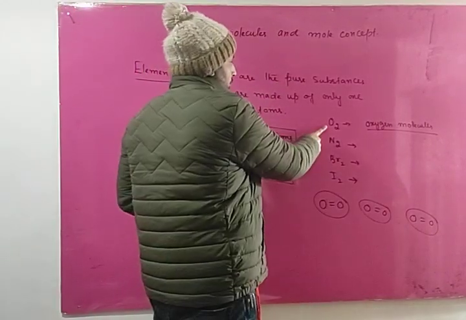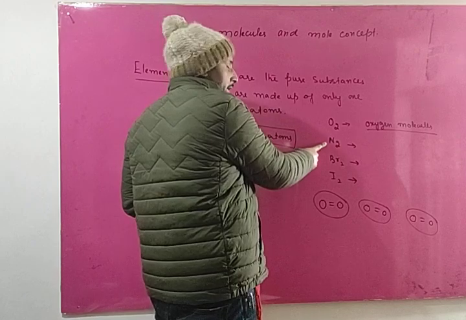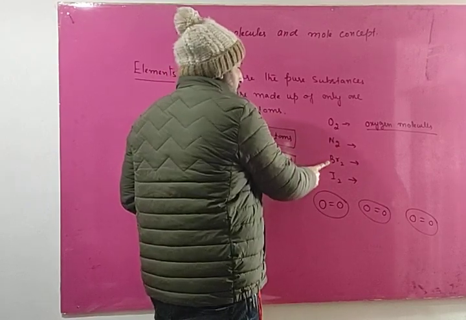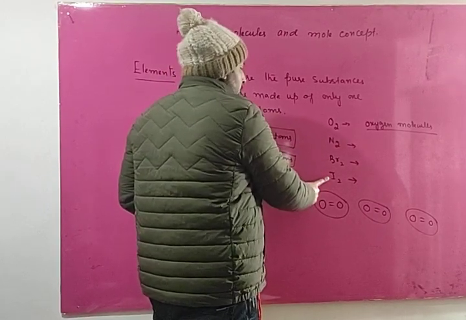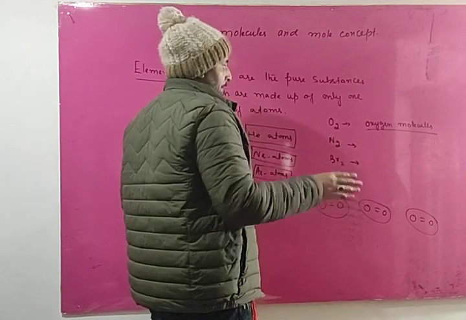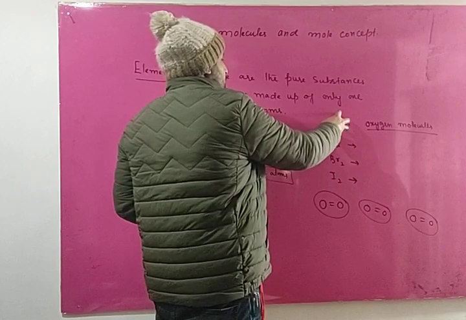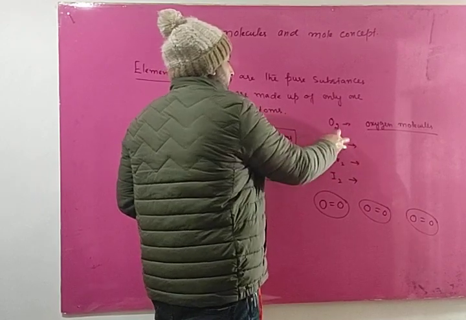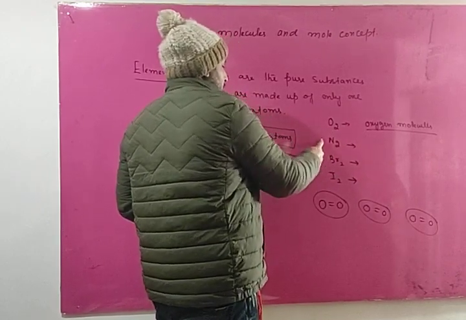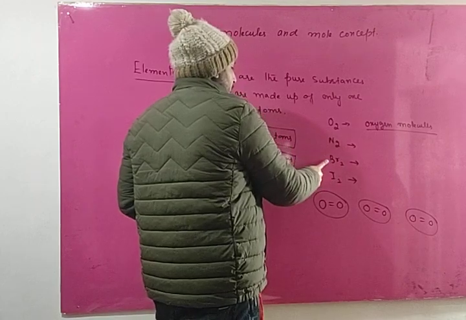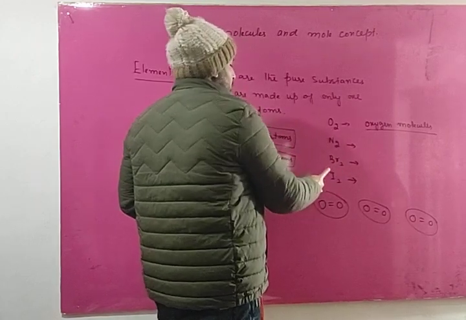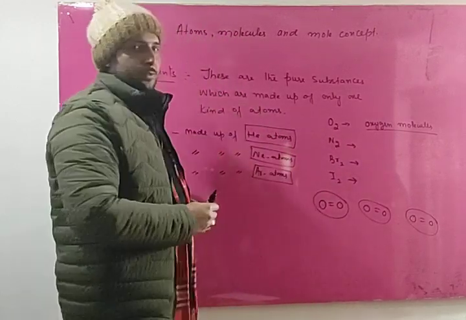Oxygen is made up of only oxygen atoms, nitrogen is made up of only nitrogen atoms, bromine is made up of bromine atoms, iodine is made up of iodine atoms, although their state of existence is molecular, but still oxygen molecule is made up of oxygen atoms, nitrogen molecule is made up of nitrogen atoms, bromine molecule is made up of bromine atoms, iodine molecule is made up of iodine atoms.